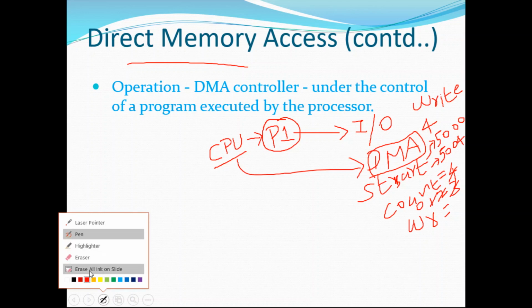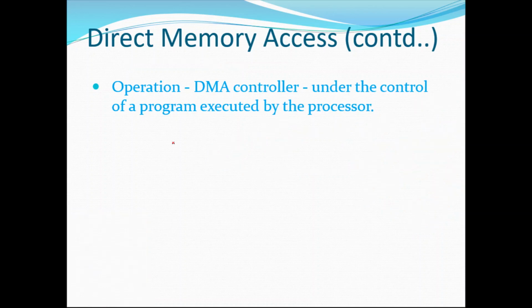So the takeaway point here is that DMA, direct memory access, will be initiated by the processor. It won't start automatically by itself. While initiating, the processor will give certain inputs to the DMA controller, like what is the starting address, what is the count of the number of data transfers to be done, and what operation should be done, whether it is a read operation or a write operation.